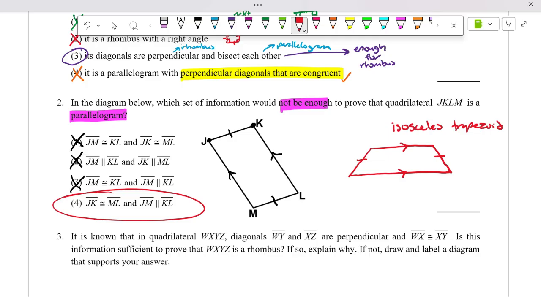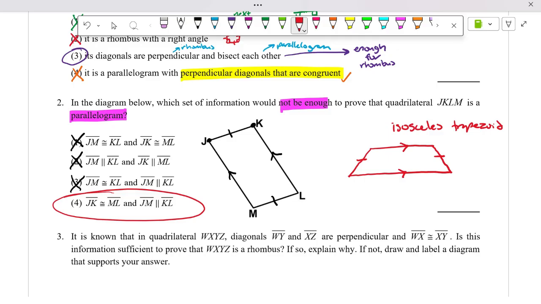Does this look like a parallelogram? So look, the sides right here and the sides right here. Does that look like a parallelogram? No. That's why it doesn't work.